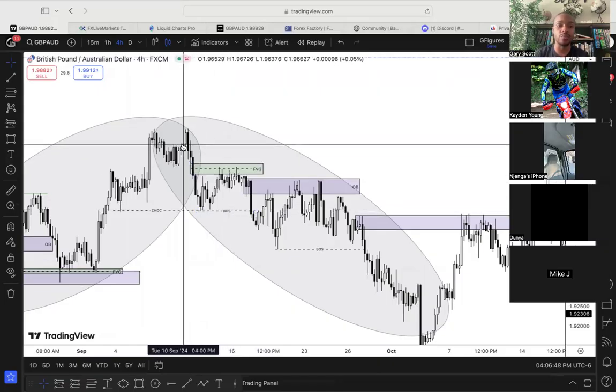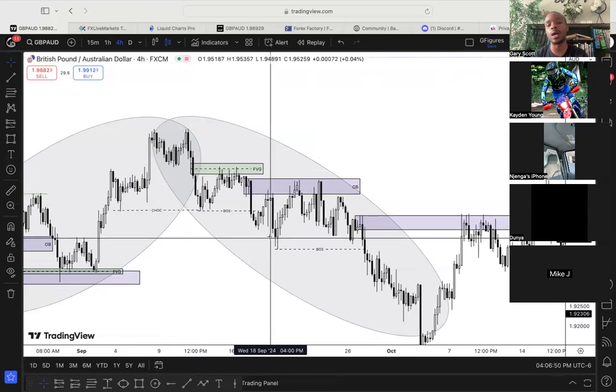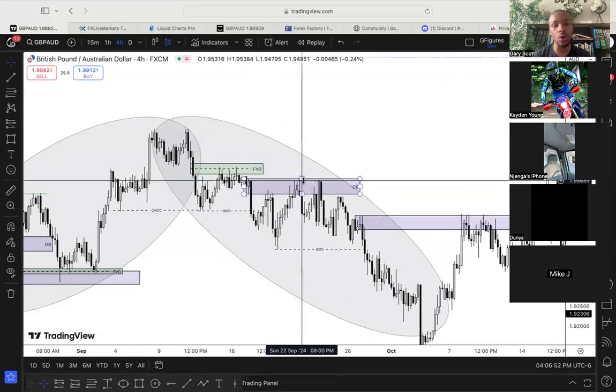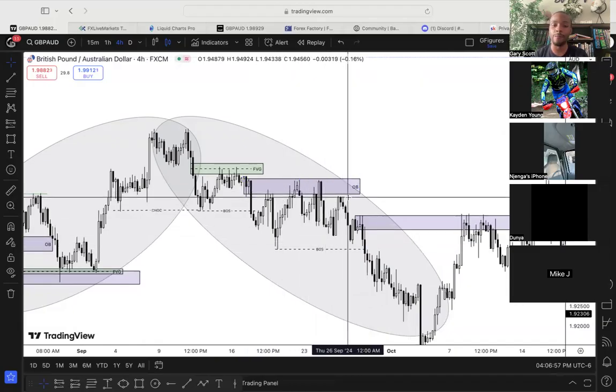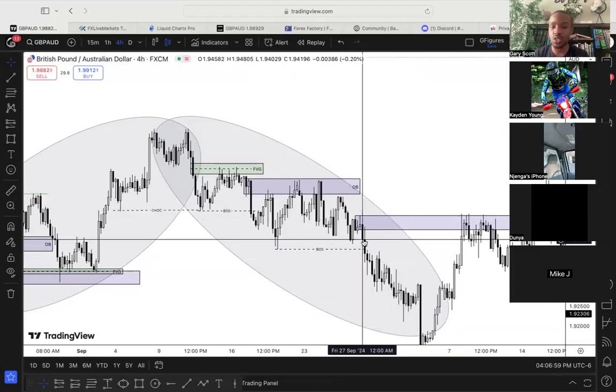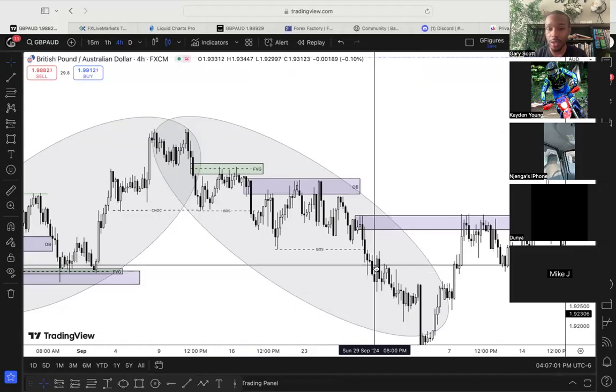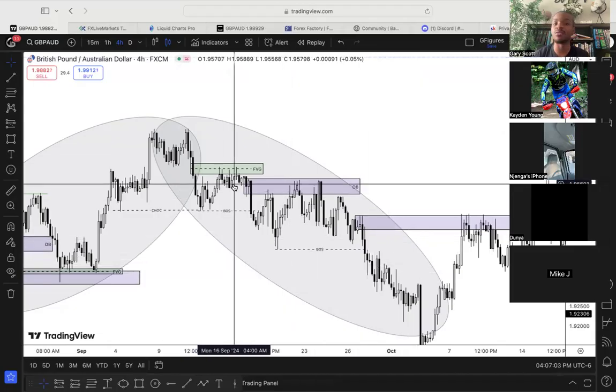But if you see how it's consistently going from a lower high to a lower low, a lower high to a lower low, and it's already within its move, sometimes you just truly need to go for a 1-to-1.